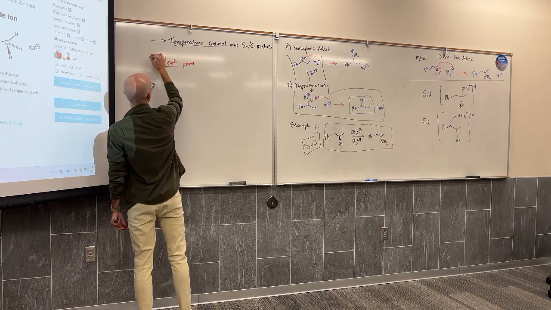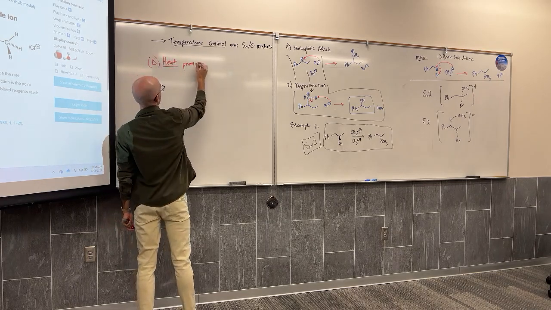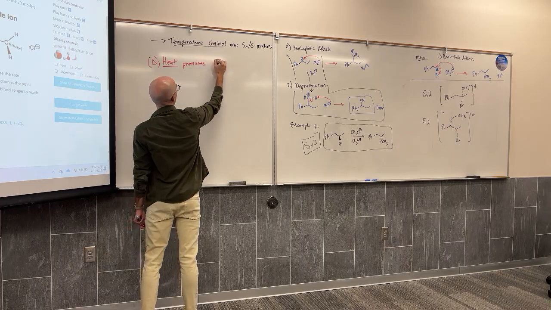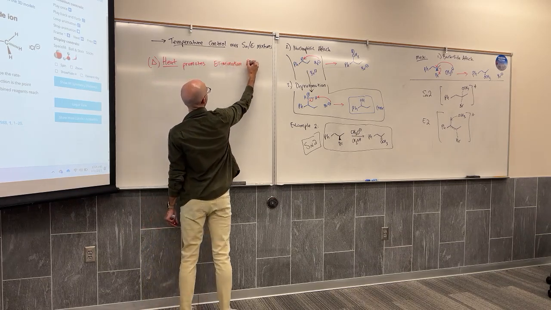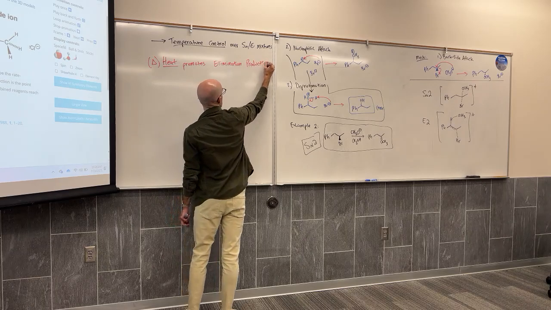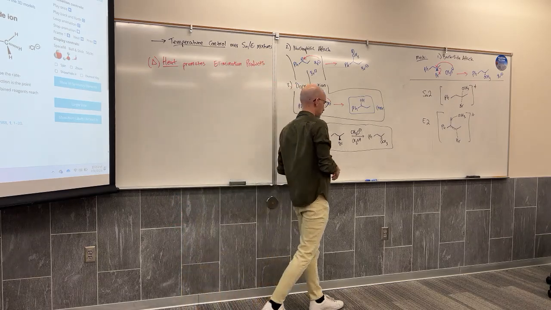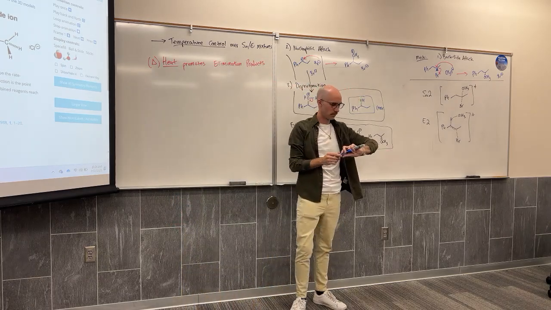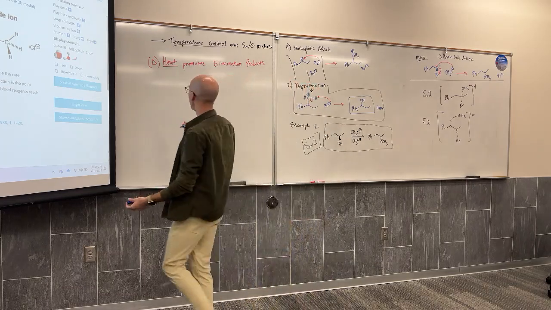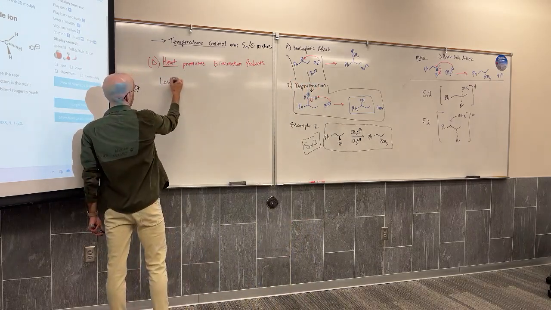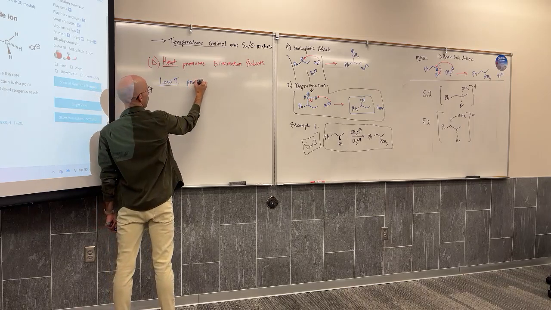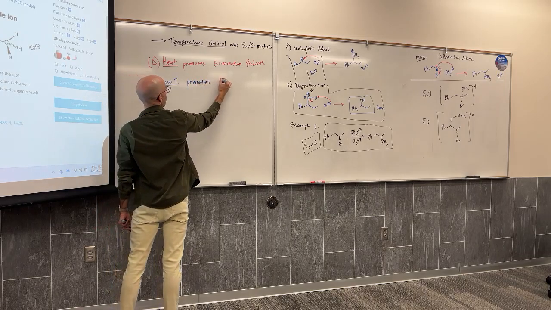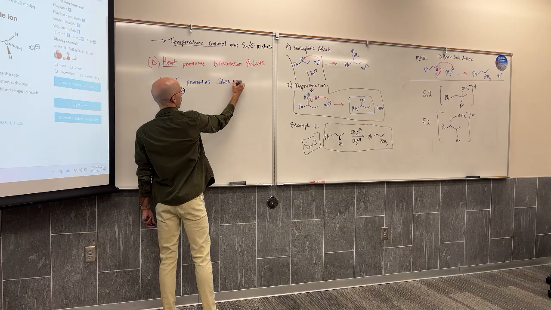Adding heat, which we often give as delta, promotes elimination products. Removing heat, which we often describe as low temperature, promotes substitution products.